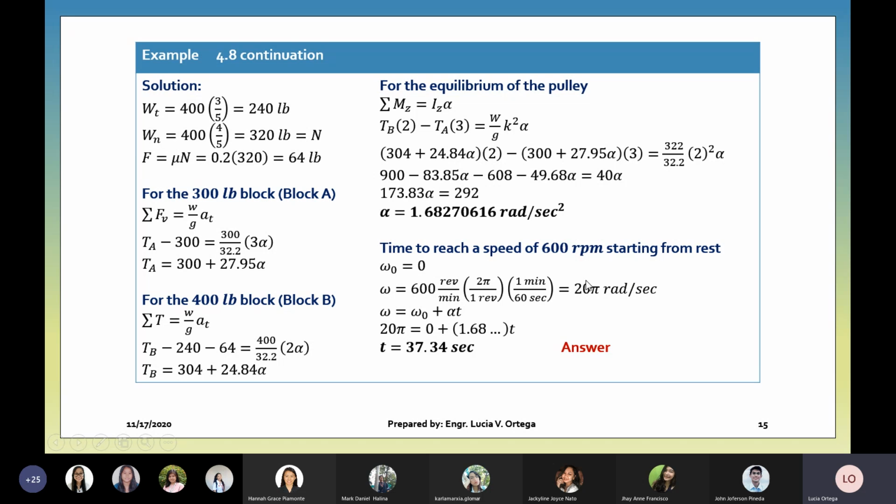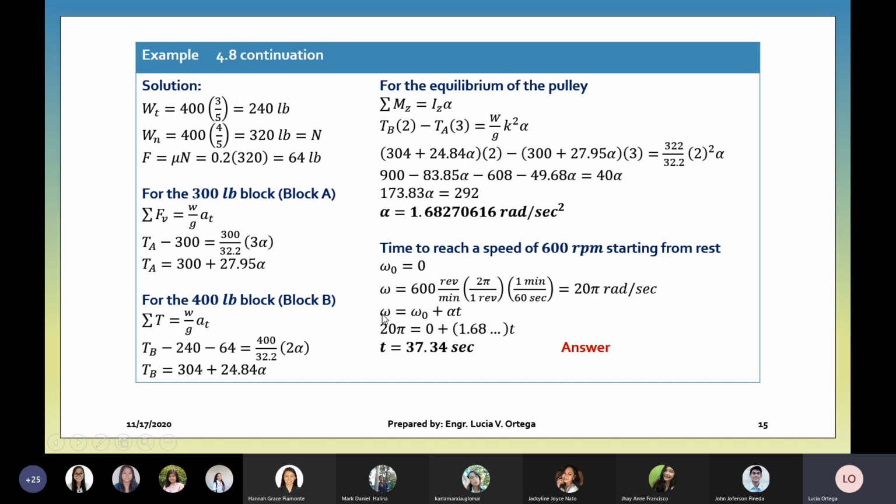So time to reach a speed of 600 revolutions per minute starting from rest. Okay, so initial angular velocity is 0. 600 revolutions per minute, so we convert to radians per second. So remember, 2 pi radians per 1 revolution, and 1 minute per 60 seconds. So the answer is 20 pi radians per second.